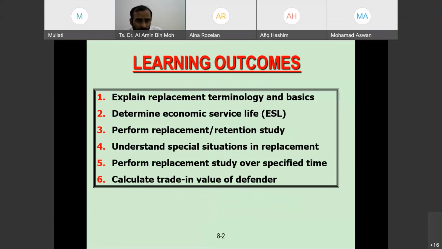Basically, those are the learning outcomes of this chapter. At the end of the lecture, you should be able to understand and do all of the 6 LO, or learning outcomes. First is to explain the replacement terminology and basis, basically the wording related to this. Then you should be able to determine the economic service life.